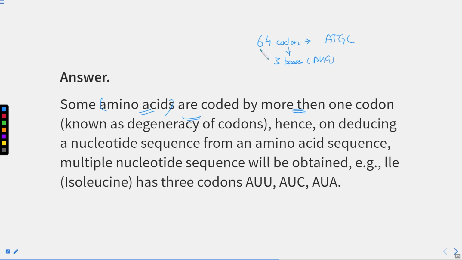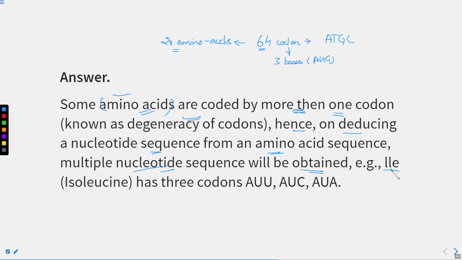So in total we have 64 codons, but they code for only 20 amino acids. So you can say that more than one codon codes for a single amino acid. Hence, on reducing a nucleotide sequence from an amino acid sequence, multiple nucleotide sequences will be obtained.